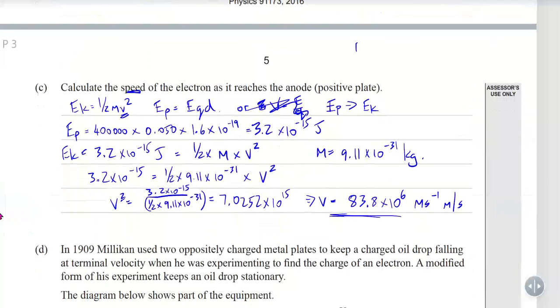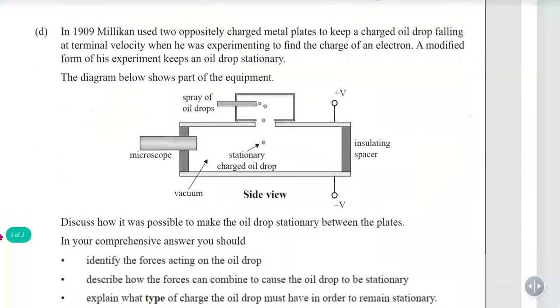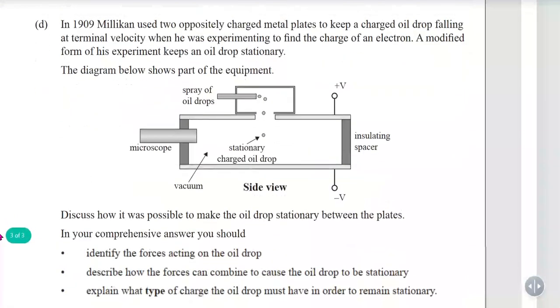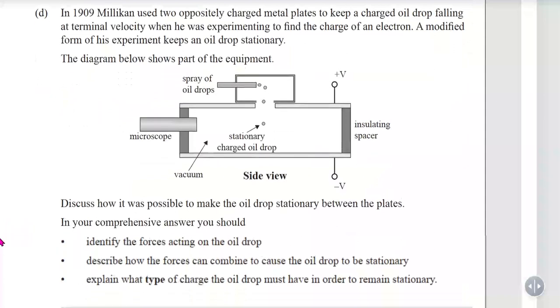Okay. Part D. So we change now away from the X-ray tube, and we're looking instead at Millikan's experiment. So Millikan used this experiment to determine the charge on individual electrons.